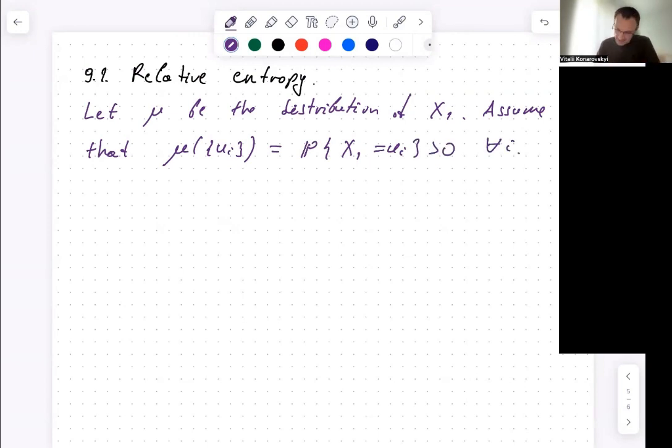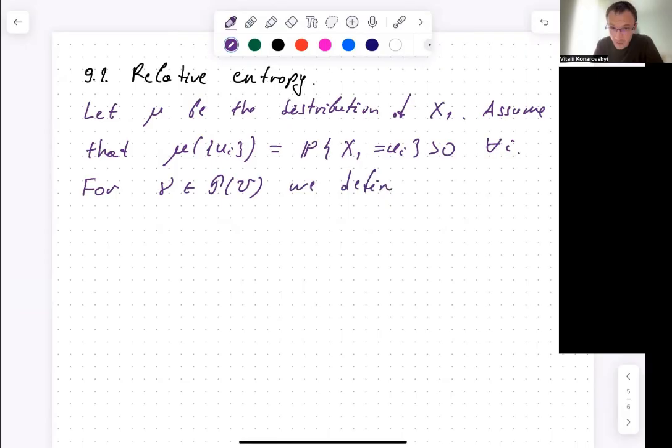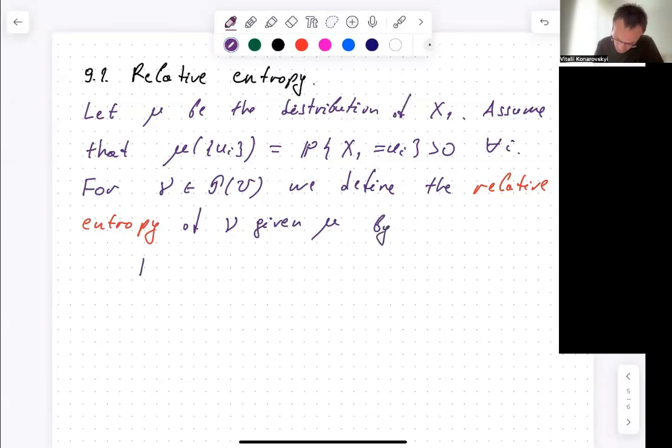Okay, and then for some probability measure nu on the space U, we define the relative entropy of nu given mu by h of nu given mu.